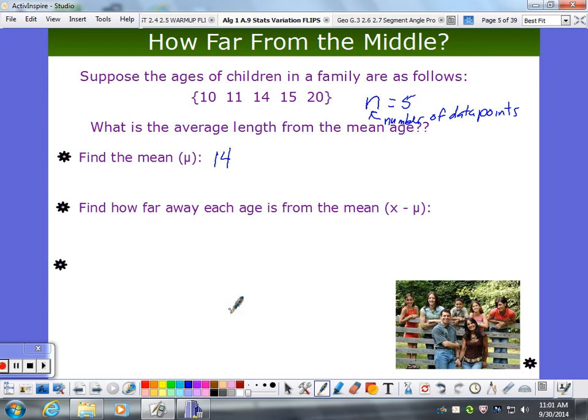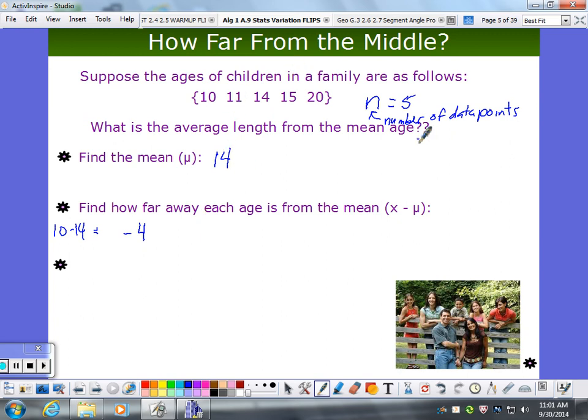Okay, how far away from the mean? If you're 10 years old, how far away are you from that mean? Negative 4, because you're under the mean by 4. Does that make sense? How did I get there? I said 10 minus 14. This 11-year-old, how far from the mean?